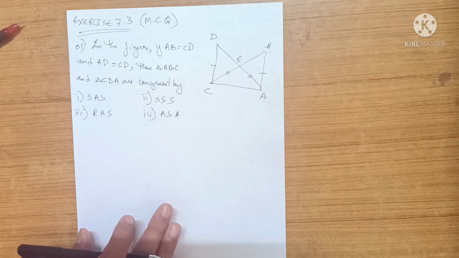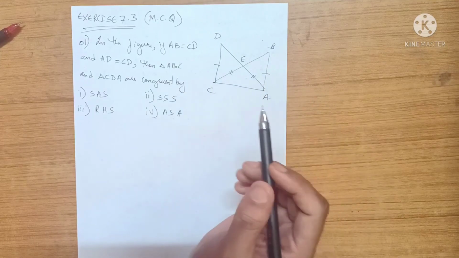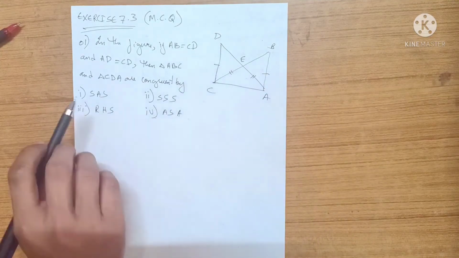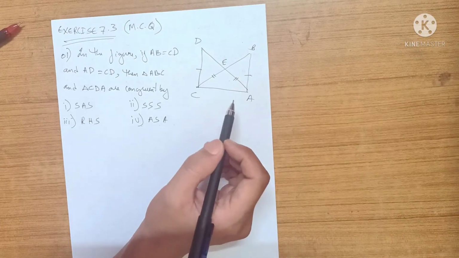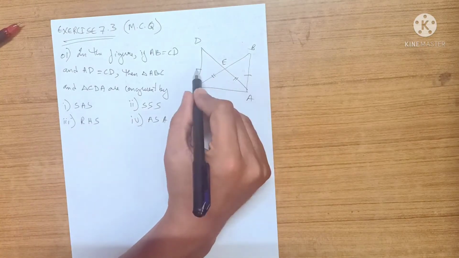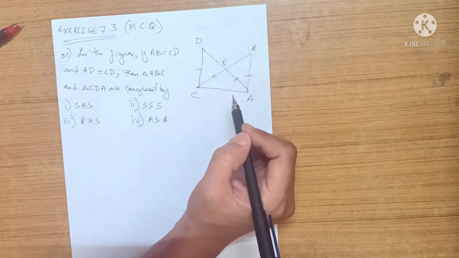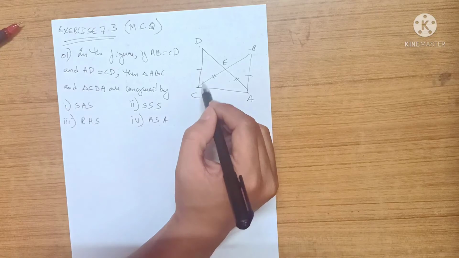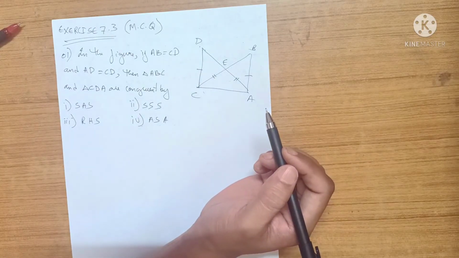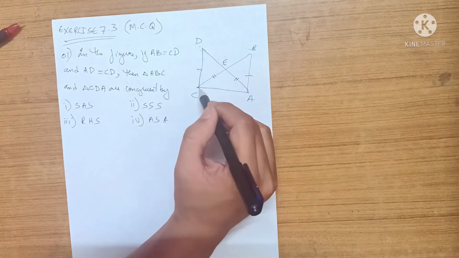In the figure, if AB is equal to CD, right? And they've given this is equal to this, and AD is equal to CD. I think I wrote the wrong question here. I think this should be AD equal to BC.